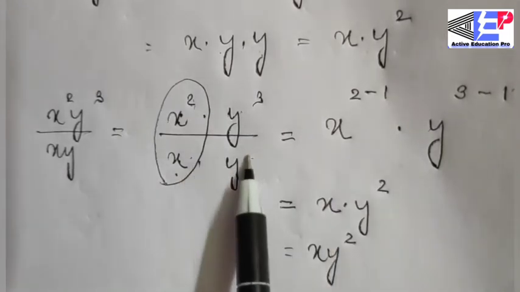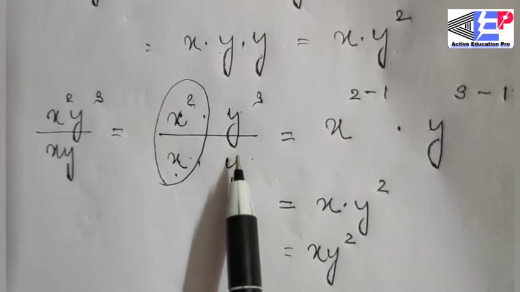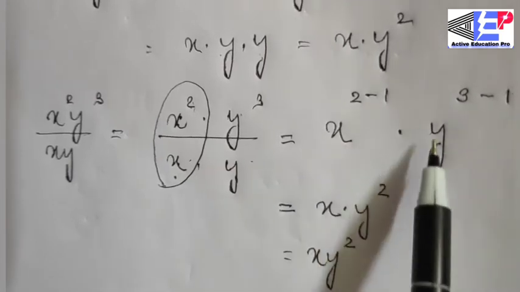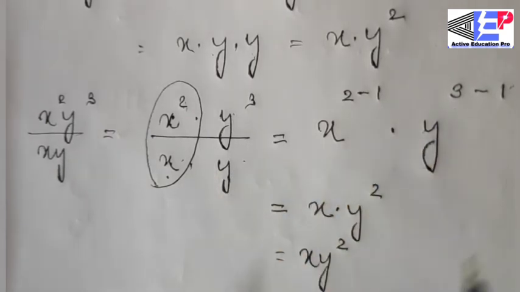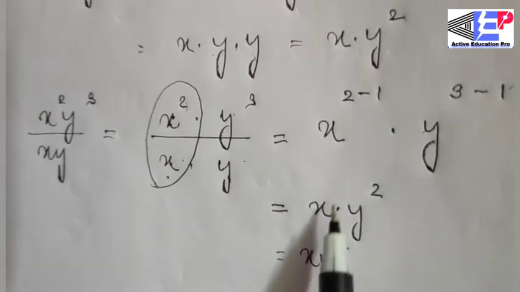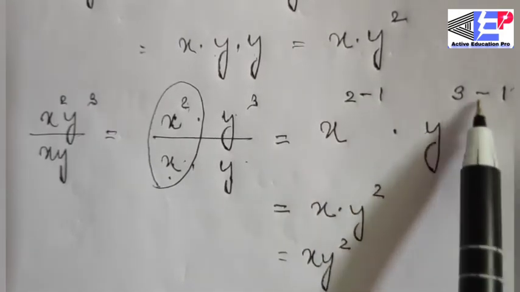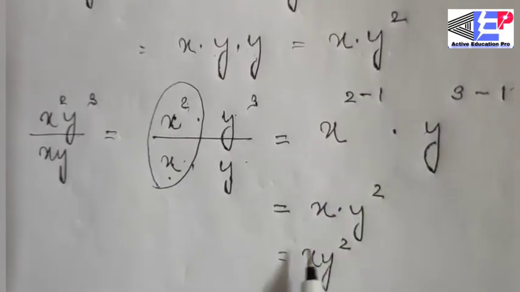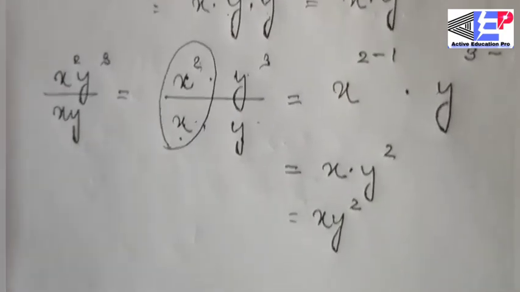As per the same rule, for the next part write y first and then subtract the power of denominator from the numerator, 3 minus 1. So x, 2 minus 1 is 1, then y to the power 3 minus 1 means y to the power 2, equal to xy square. Here it is your answer.